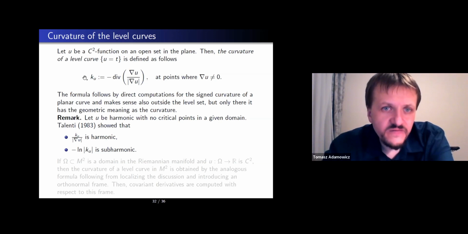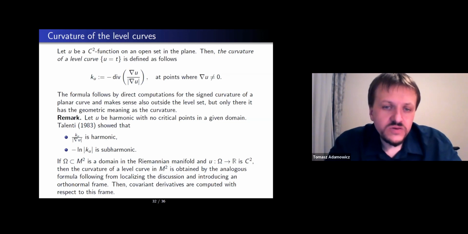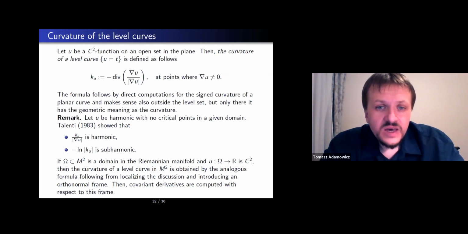We can consider this notion of curvature also on Riemannian manifolds, at least on surfaces, by localizing the discussion, introducing a local orthonormal frame and computing the covariant derivatives with respect to this frame.